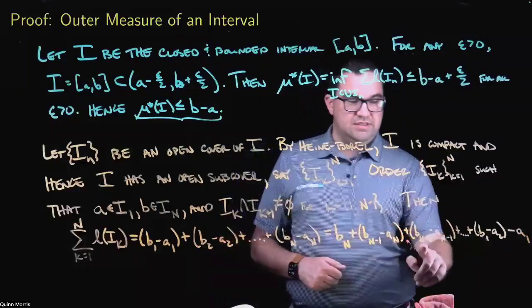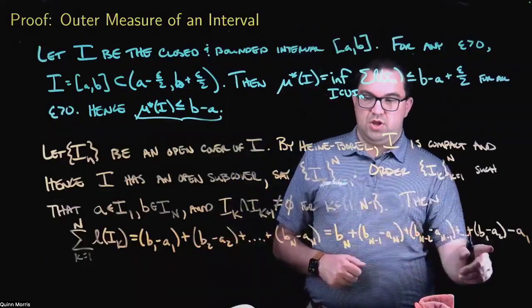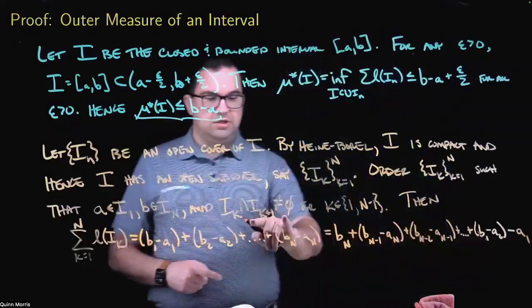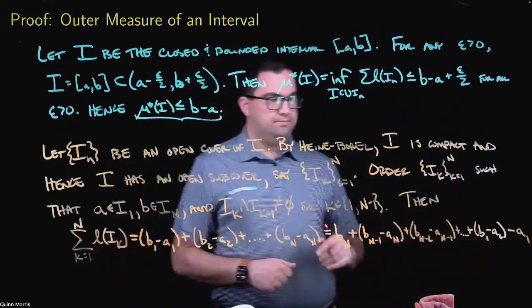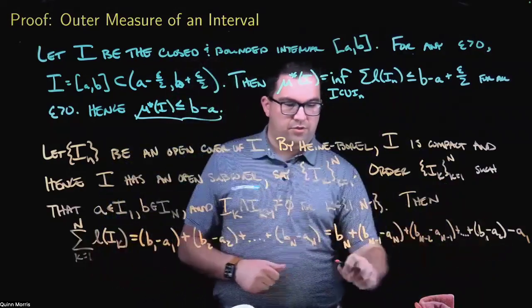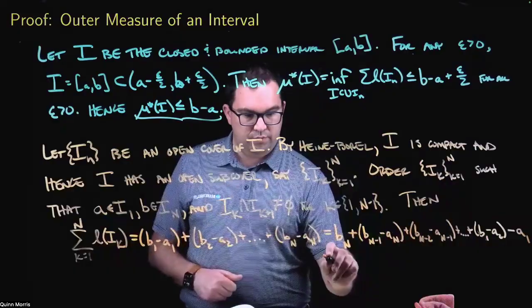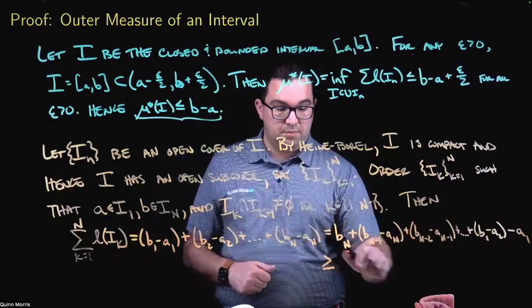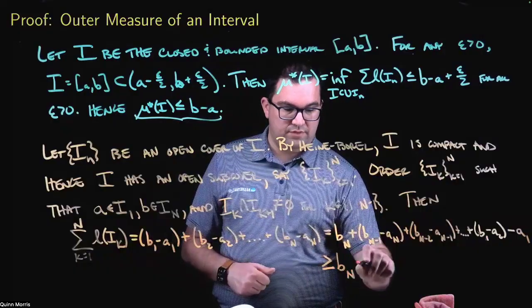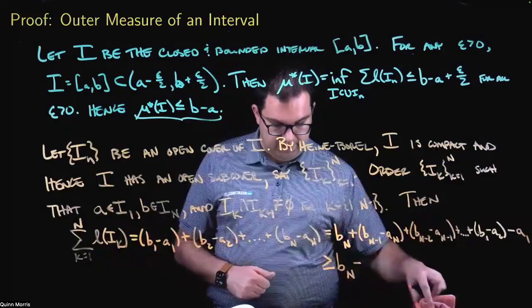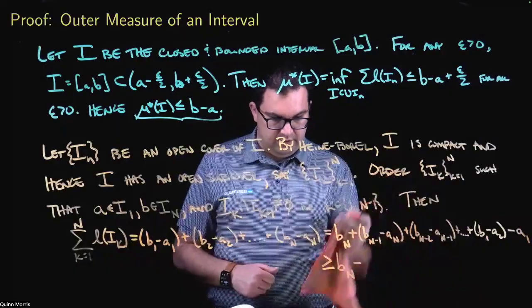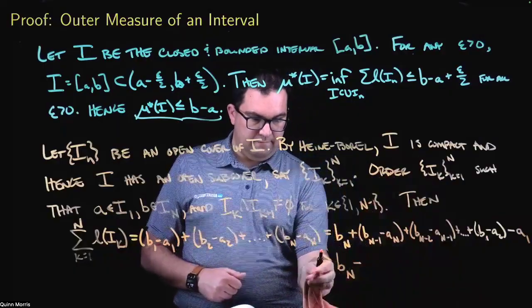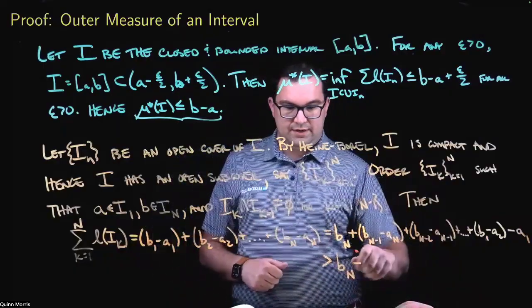Similarly here, each of these terms is positive because of this intersection property. So if we get rid of all those terms, all we'll do is make this smaller. Again, these are all positive, so that will actually be strict.